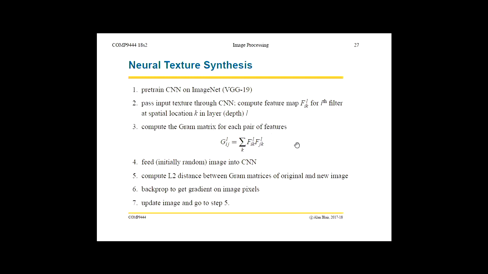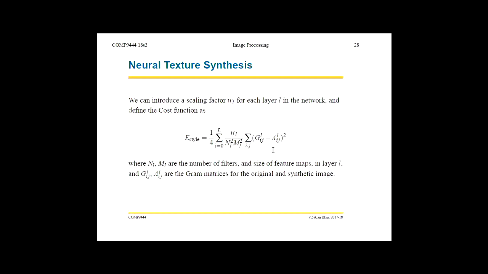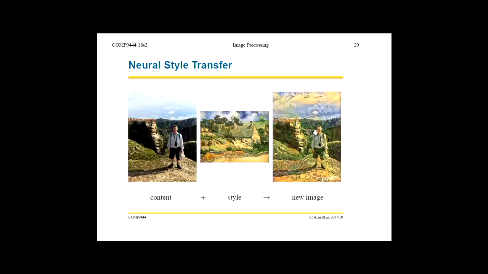So what do we want? We want an image that is close to the content image. For each pixel, we can take the red, green, and blue components and measure the squared distance between these two images.